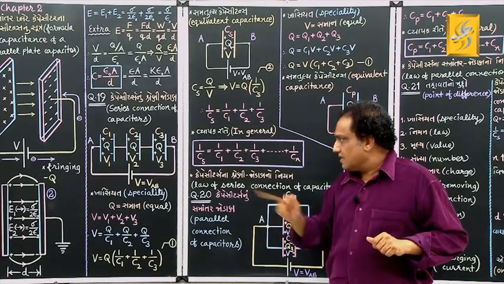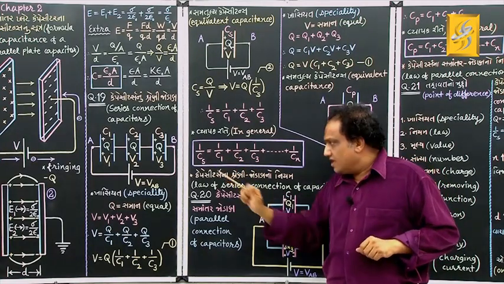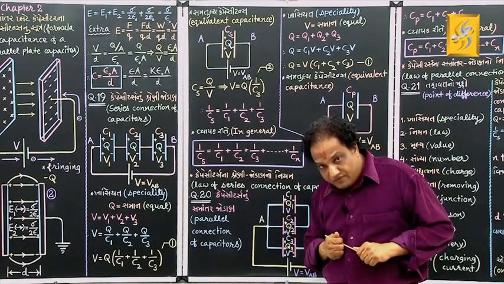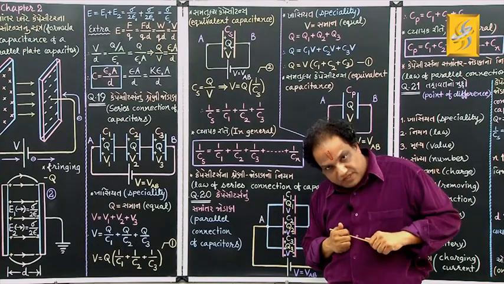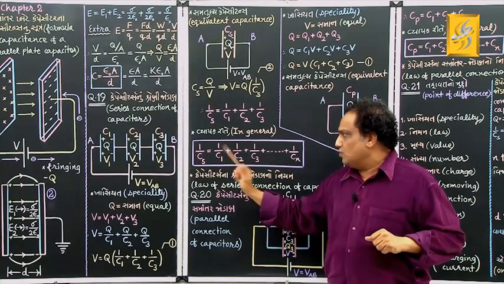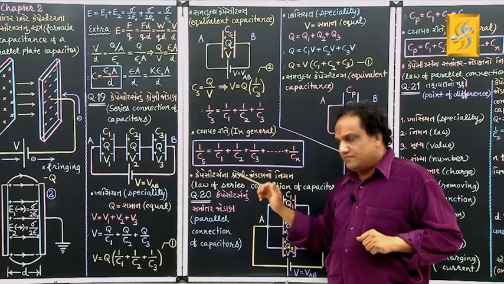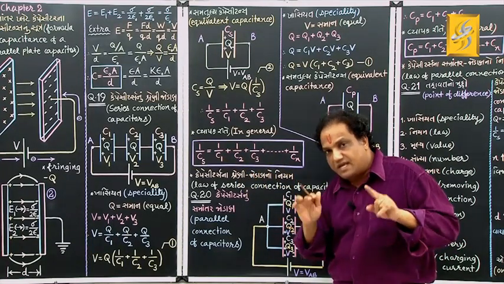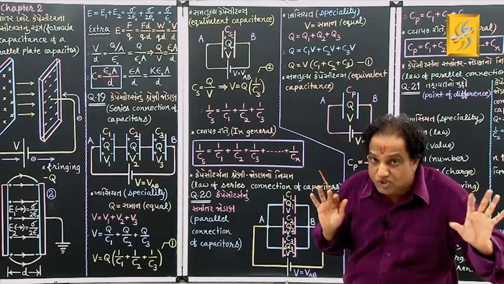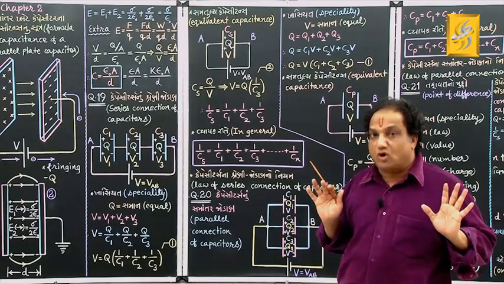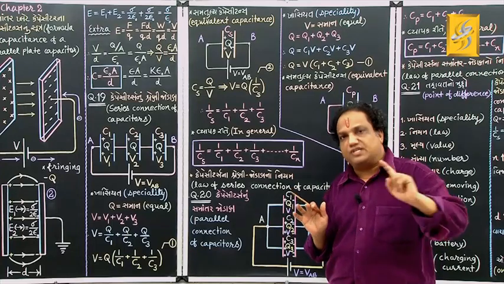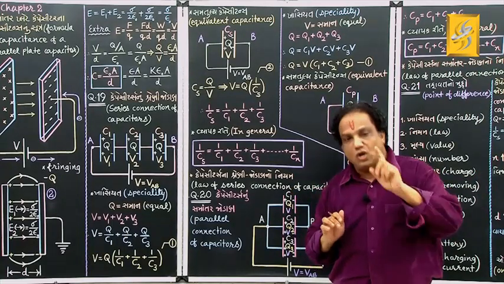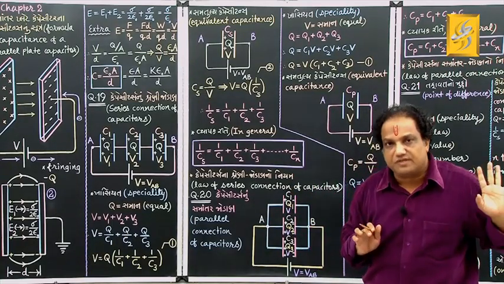I repeat, the reciprocal of equivalent capacitance of a given series connection of capacitors is just equal to the summation of reciprocals of individual capacitances in that connection. Full stop. This very statement is called the law of series connection of capacitors.